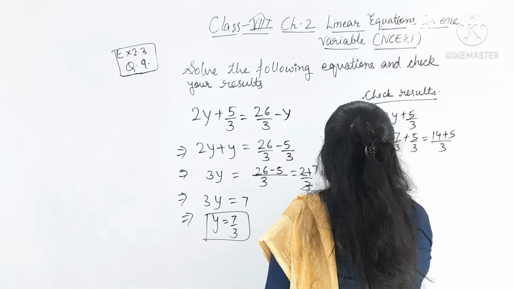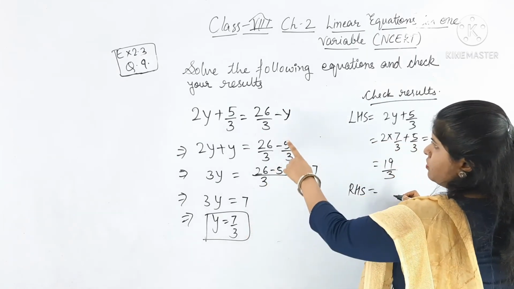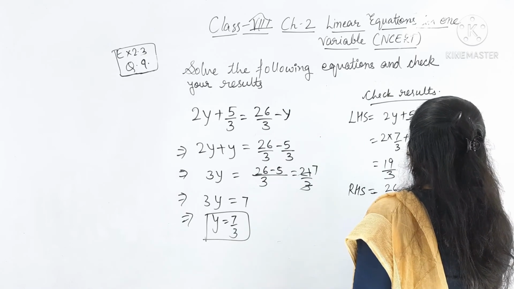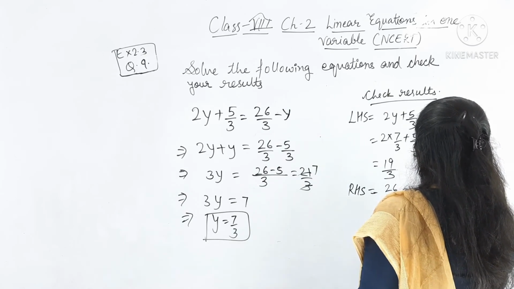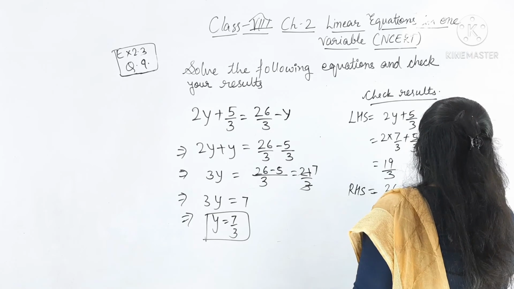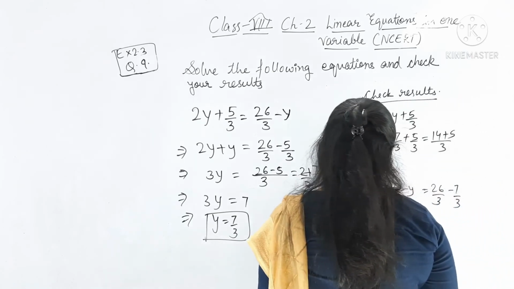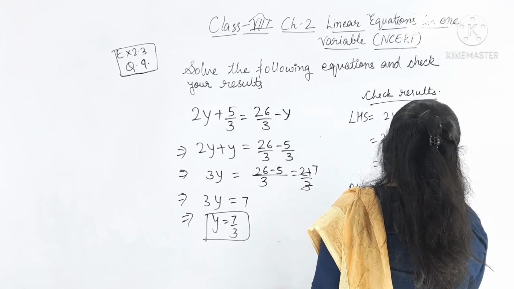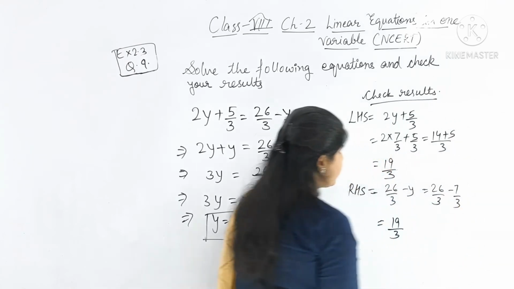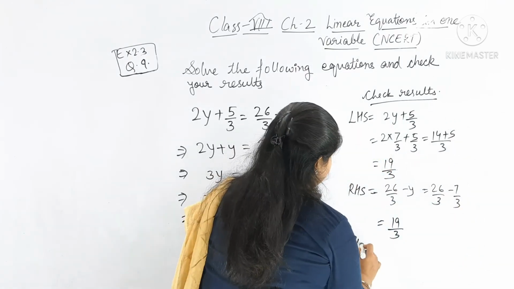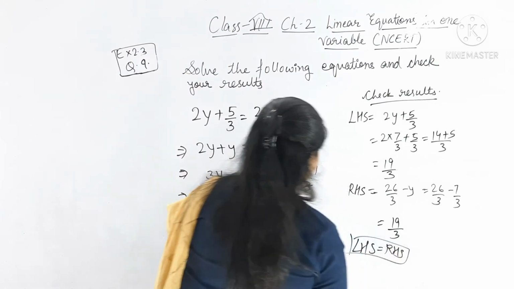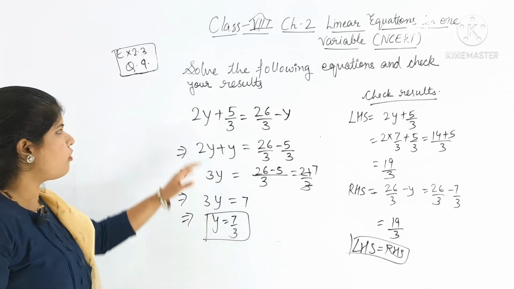Now RHS is equal to, what is RHS here? 26 by 3 minus y. It's 26 by 3 minus 7 by 3. So same I am getting, 19 by 3. 26 minus 7 is 19. So LHS is equal to RHS. So this value is correct for this equation.